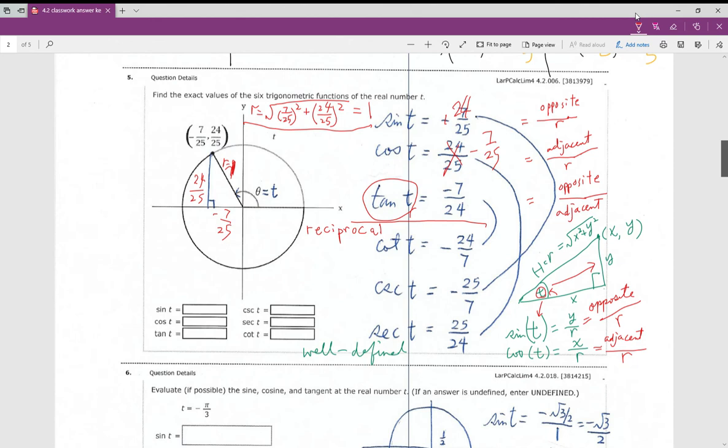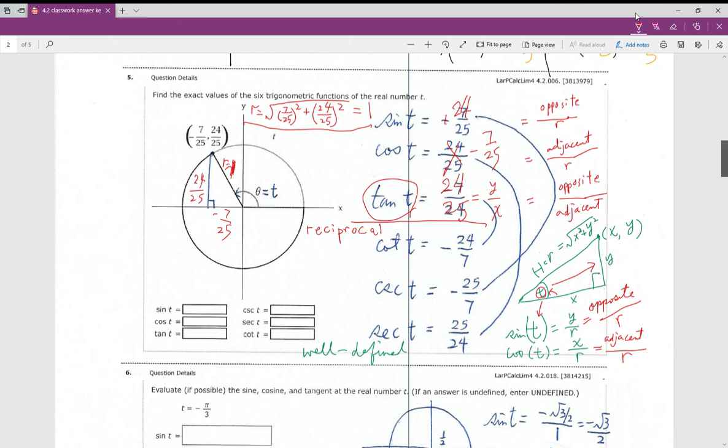Basically it is y/x. The y value is 24. Why did I make such a mistake here? 24/25.